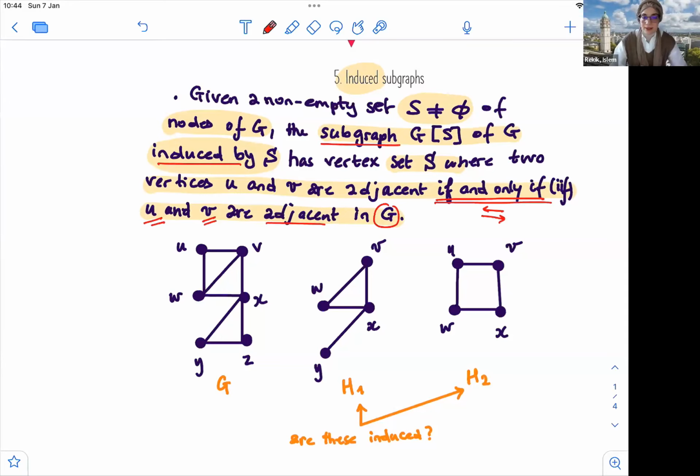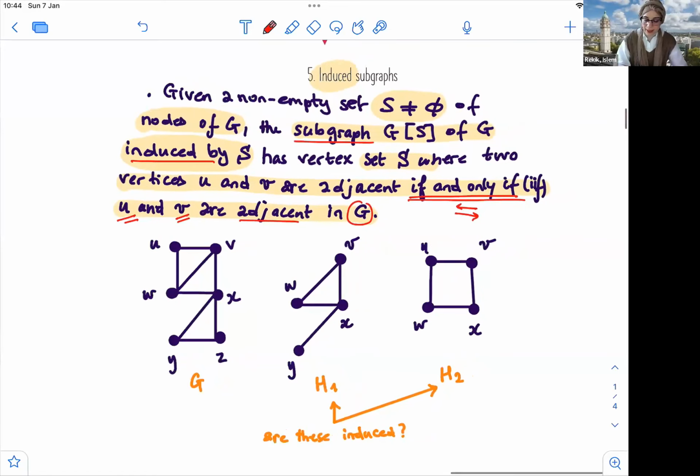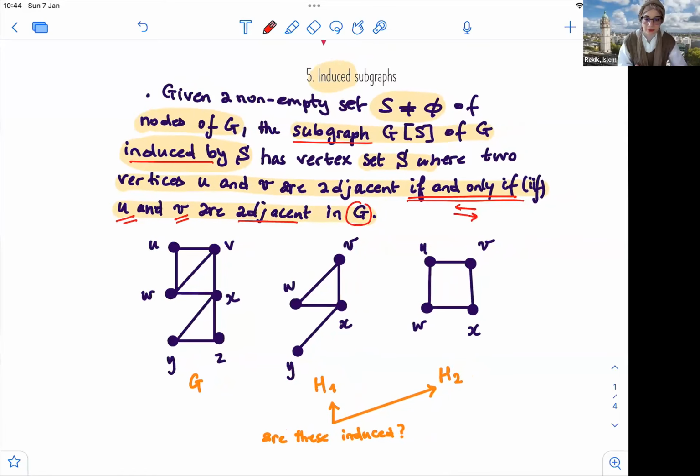So let's look at this example. I want you to take a minute and figure this out. Here we have a graph G, and I define two subgraphs, H1 and H2. What I want you to think about is which of these graphs is induced. Are they both induced?